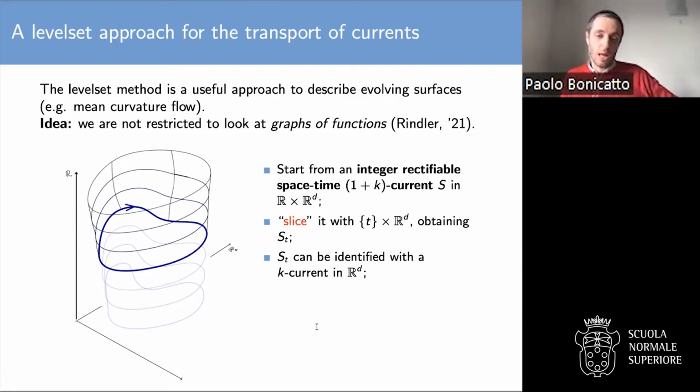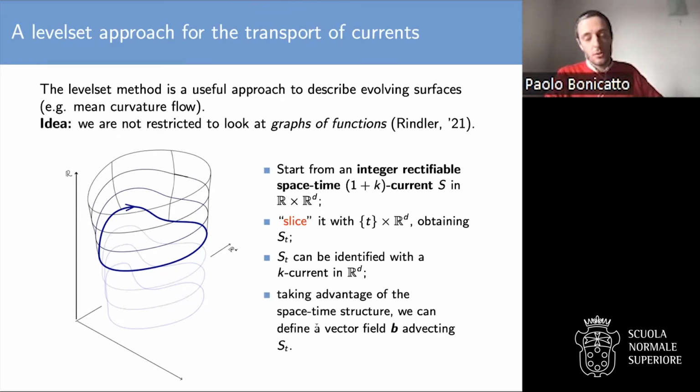And now what happens is that, taking advantage of the space-time structure, so taking advantage of the fact that you're really starting from a pipe in the space-time, it turns out that you can find a velocity field, you can define a B, which is advecting these slices. And of course, such a field is defined in terms of the vectors that span the approximate tangent space to this pipe, to this cylinder, right?